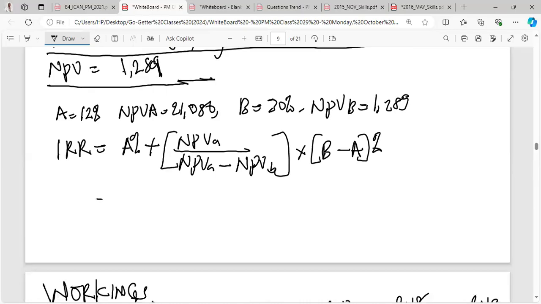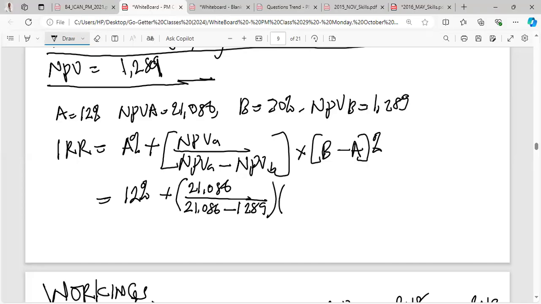So we have our A here as 12, of course this is percentage, plus NPVA, which is 21,086, all over 21,086 minus 1289, multiplied by 30 minus 12.